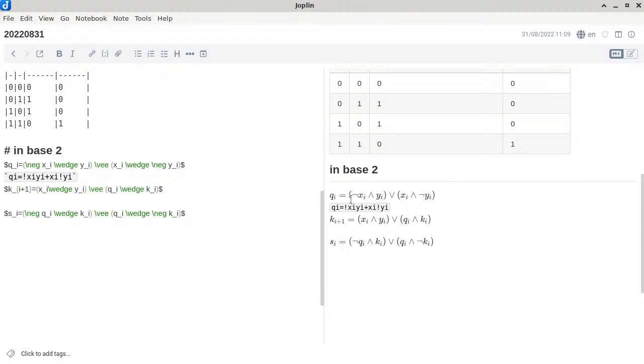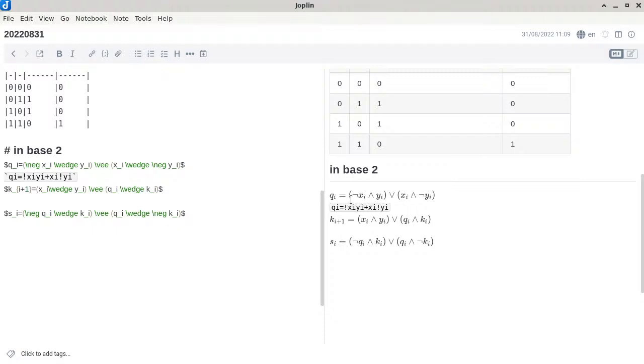At the same time, the bits that I use to compute Q_i are also used to compute one half of K_(i+1), and the bits that I use to compute S_i are also used to compute the other half of K_(i+1). Do you guys recognize that?